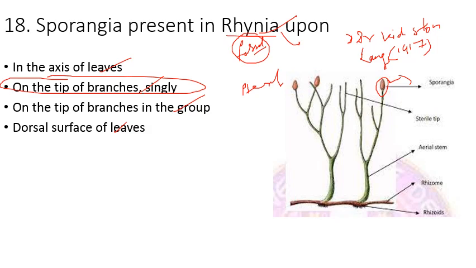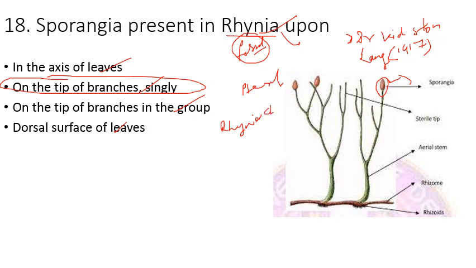So they discovered the fossil of this genus Rhynia. और ये जो फॉसिल है ये डिस्कवर किए गए थे एक विलेज से जिसका नाम है Rhynie Chert village.